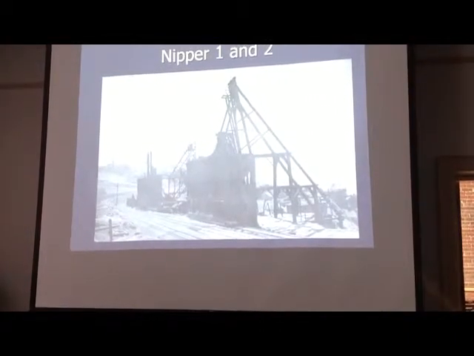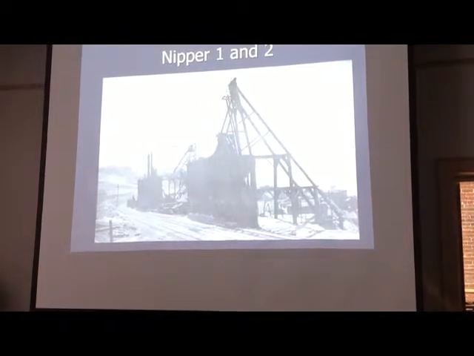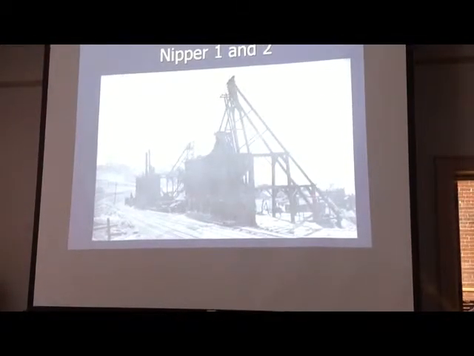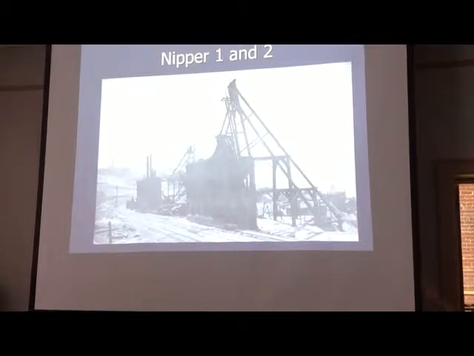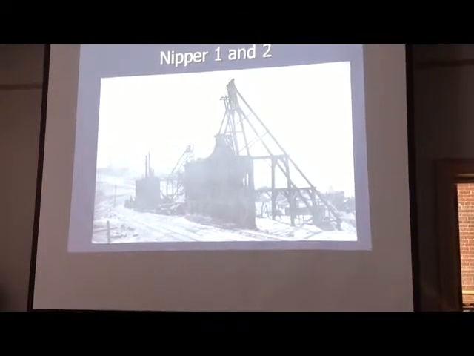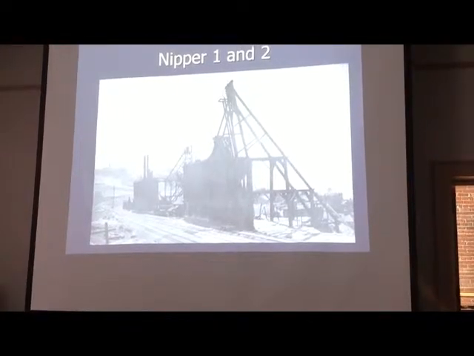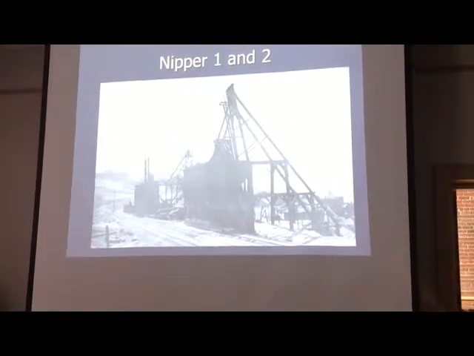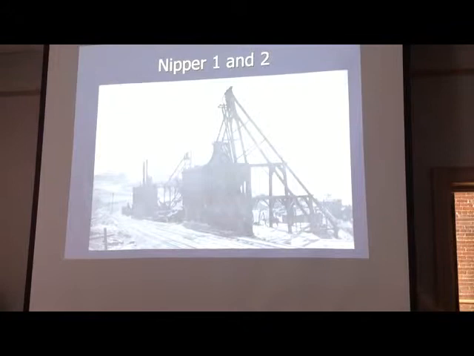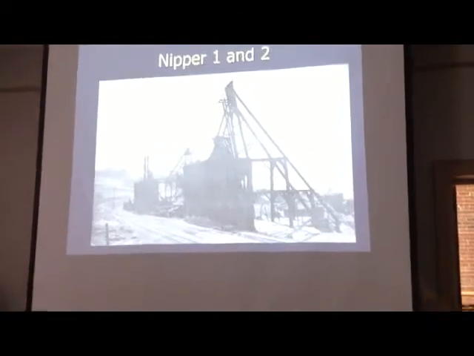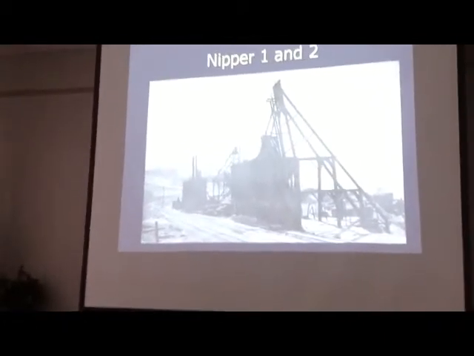The Nipper number 2 is a modified Montana type head frame, and it's probably about 80 to 90 feet tall for the same reason, just to get everything up high enough so that it'll gravity feed into the railroad cars. Now, these were all gone by about 1914, so they didn't have a very long lifespan. The Nipper 2 was after 1900, but there's no mention of them on the 1914 maps.